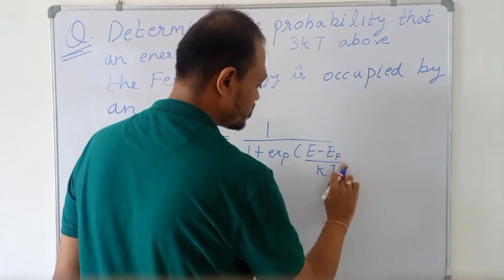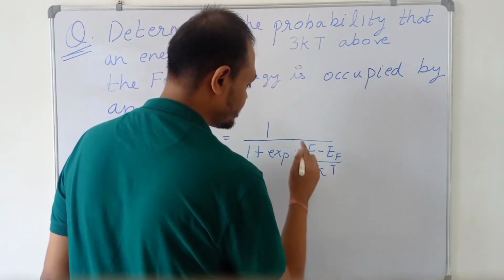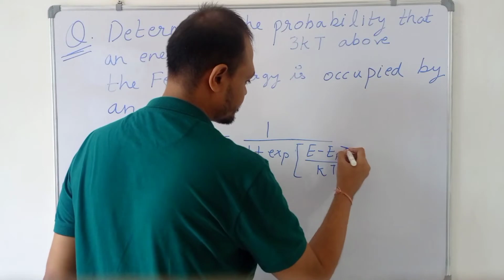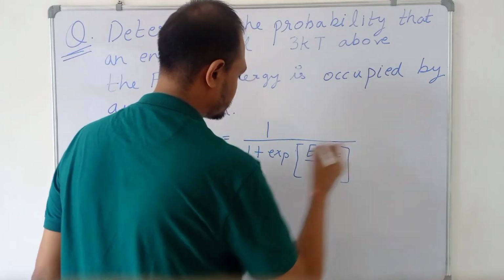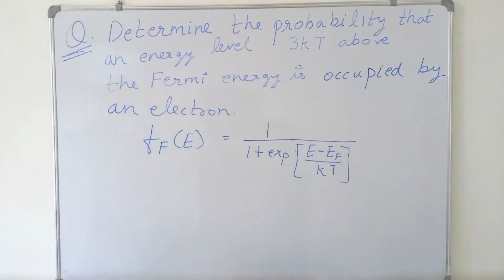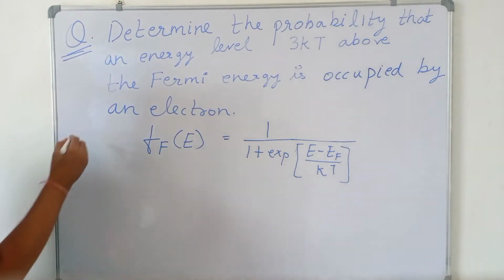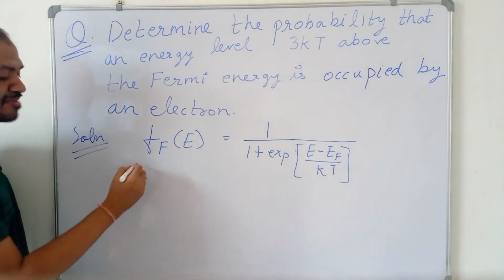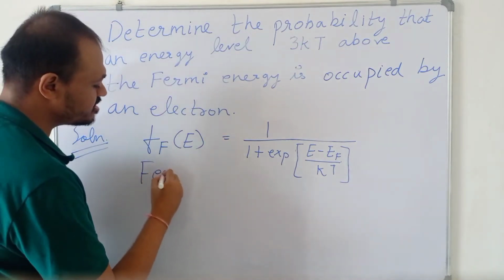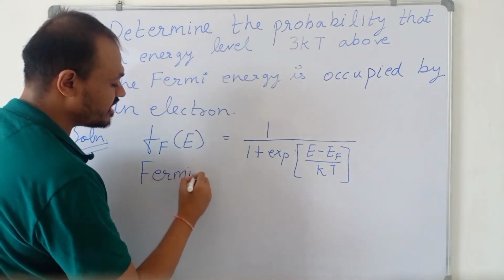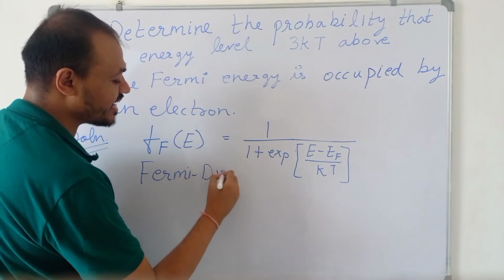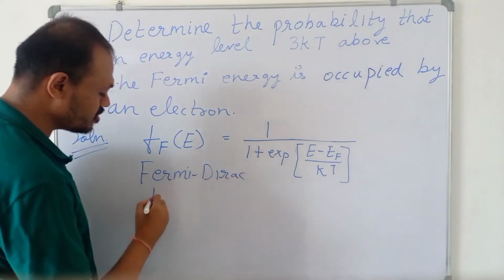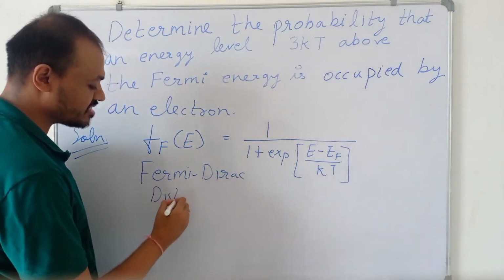This is called the Fermi-Dirac distribution or probability function.